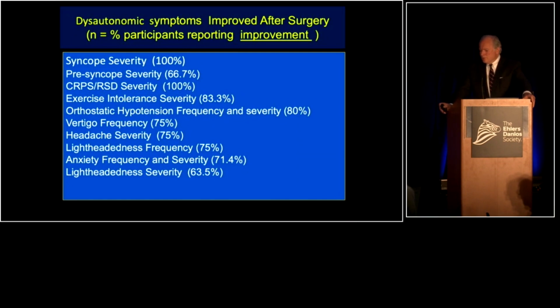So what symptoms improved? Syncope, now this is preliminary data, 100% improvement in syncope severity, 66%, two-thirds with pre-syncope enjoyed an improvement in severity, 83% improvement in exercise tolerance, 80% improvement in orthostatic hypotension frequency and severity, improvements in vertigo, headache, lightheadedness, anxiety.